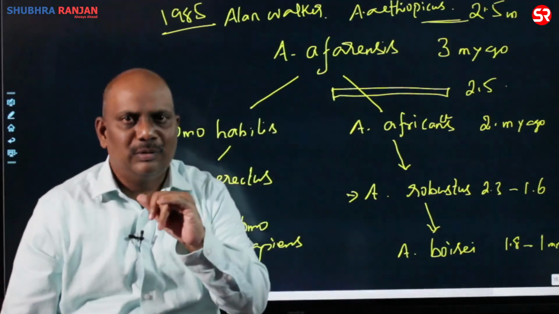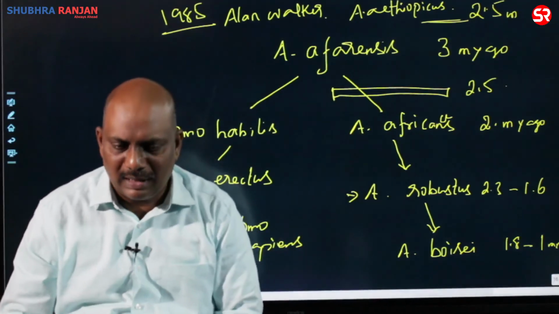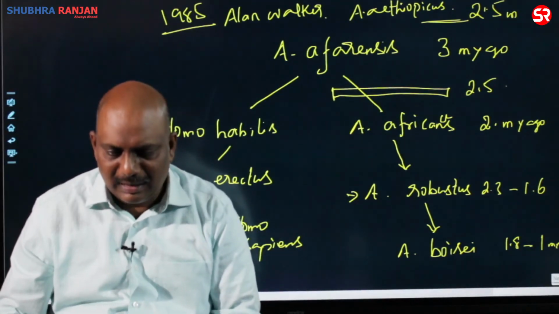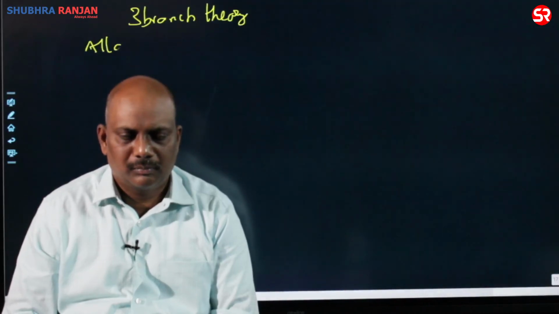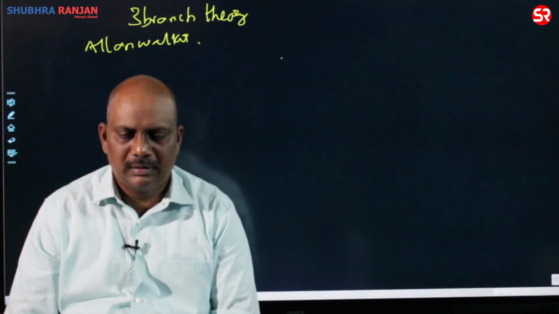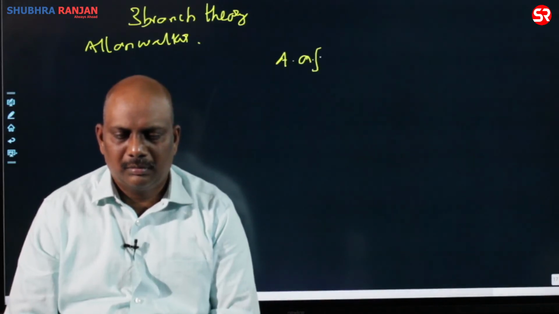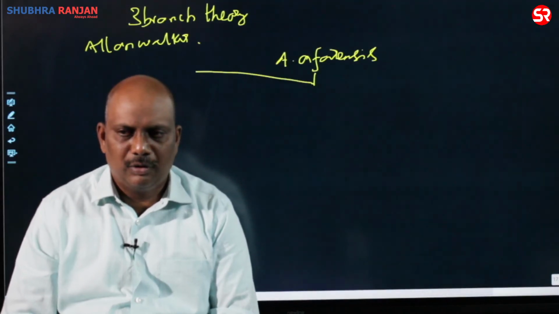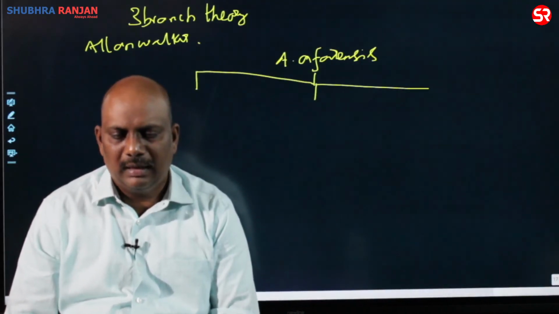I will explain through one table again. See, now you can take down this table. The three branch theory given by Alan Walker. According to him, Australopithecus afarensis got divided into three lines.